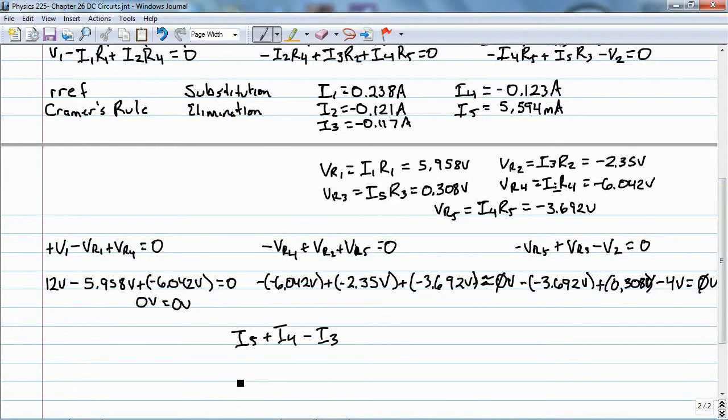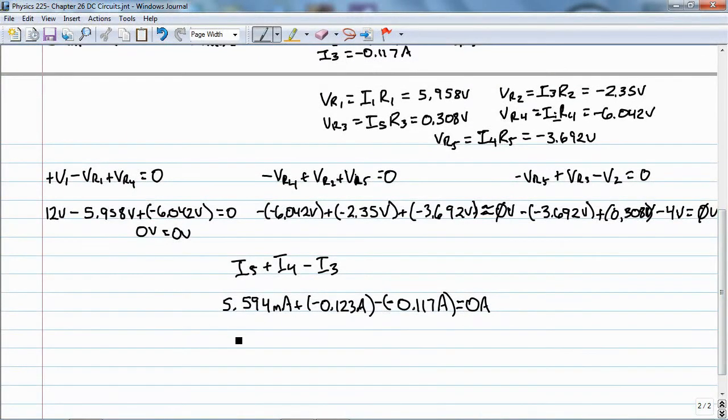I5 is 5.594 milliamps plus I4 is going to be minus 0.123 amps minus I3. I3 is minus 0.117 amps, and if I add those up, I'm going to get 0 amps.